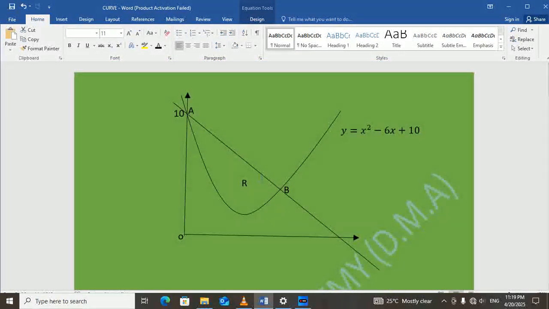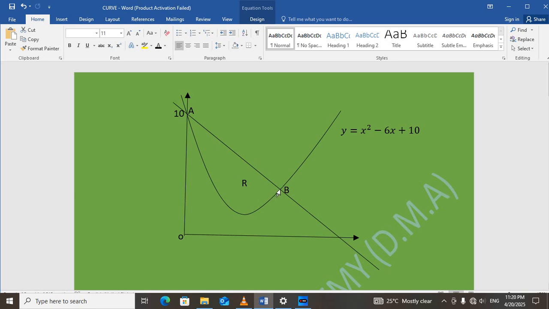Now the question is the other value of b. At this point, b is equal to 5, meaning the x coordinate of this point on the curve is equal to 5.